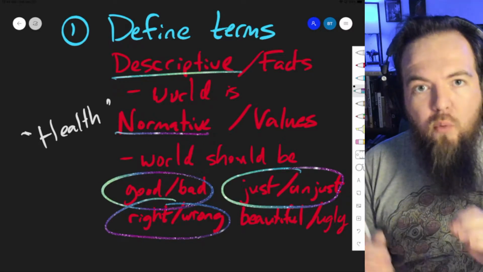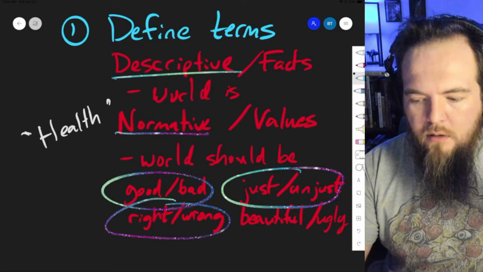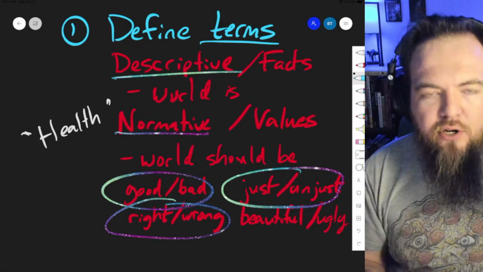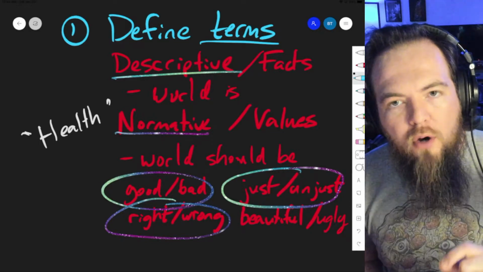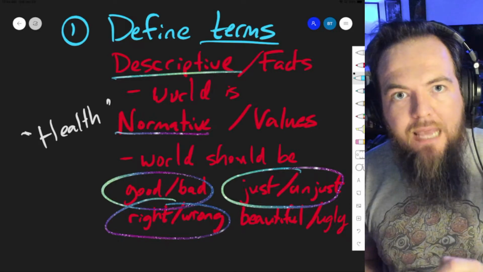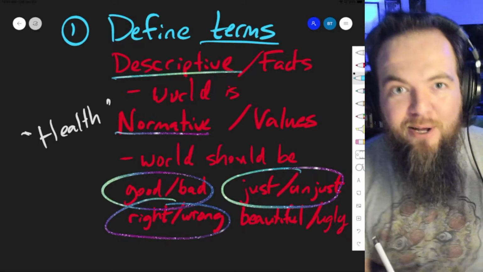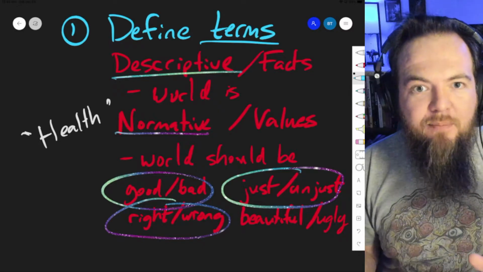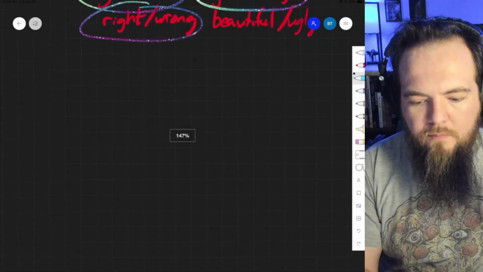All right. So whenever you're trying to deal with philosophical arguments, the point is define the terms. Really pay attention to what words seem to be carrying a lot of weight. Health. Health is going to be the target one, right? That's going to be one of the big ones. But we'll see other examples too. Okay?